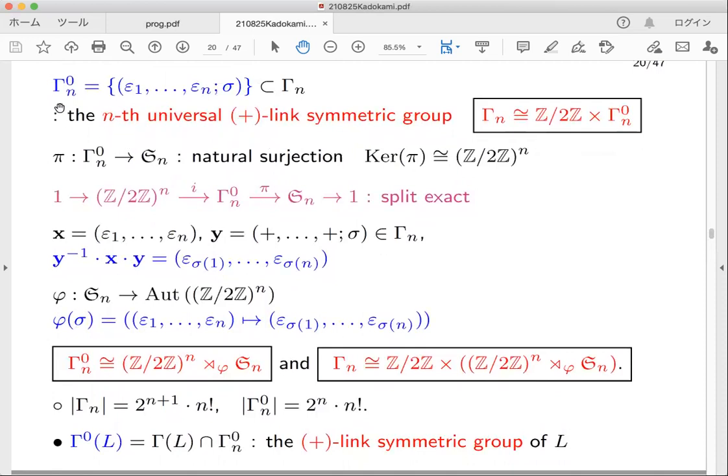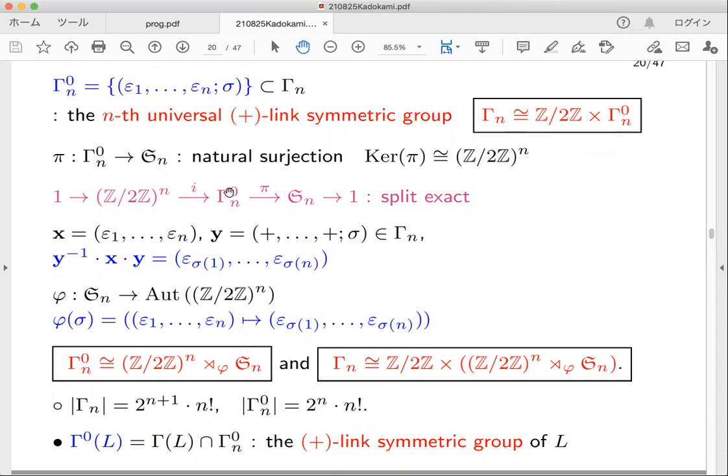This group is a normal subgroup of gamma n. We have a natural surjection from gamma n0 to the n symmetric group. Then the kernel of this surjection is isomorphic to Z over 2Z to the n.